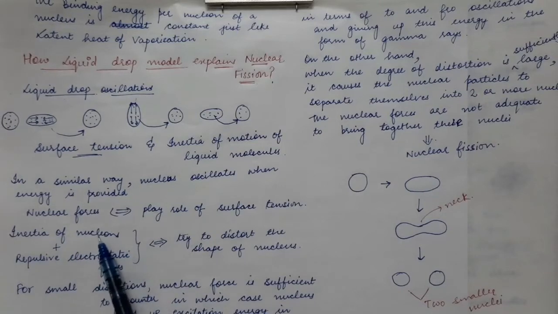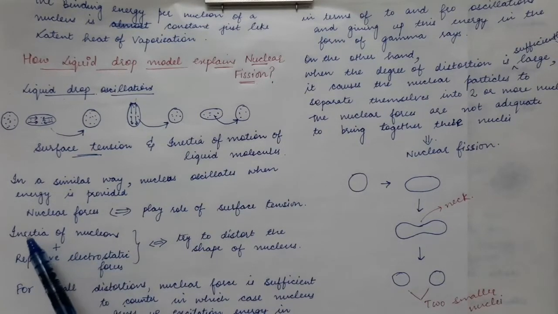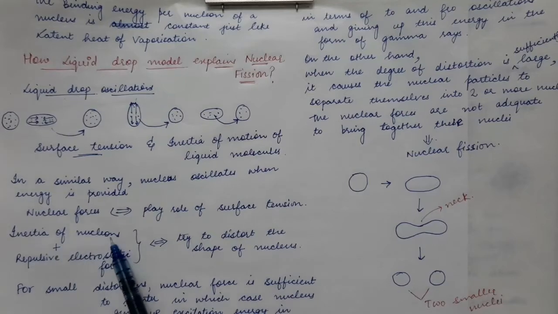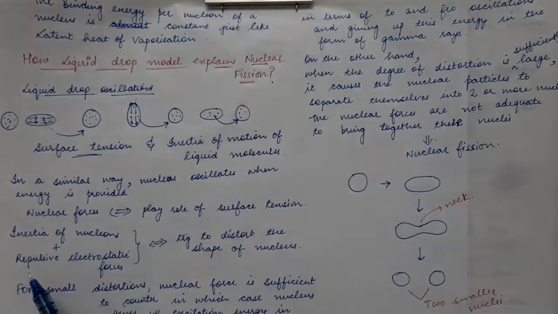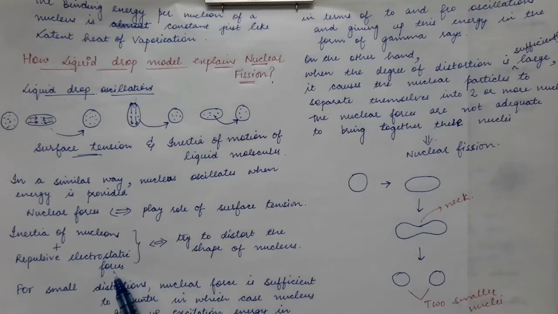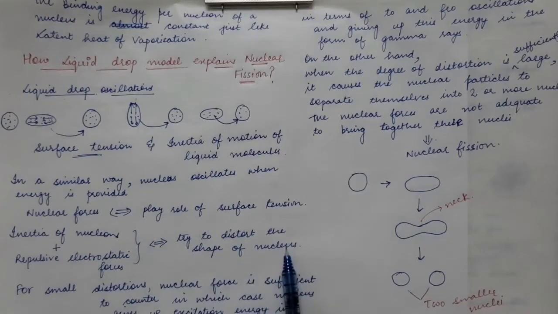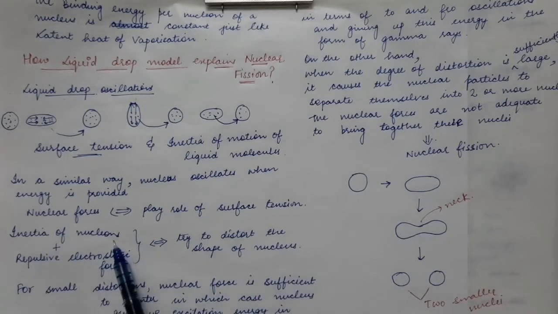Nucleons are moving, so they will have inertia, and we will have repulsive electrostatic forces which act between the protons. So we will have two forces that will try to distort the shape of the nucleus.